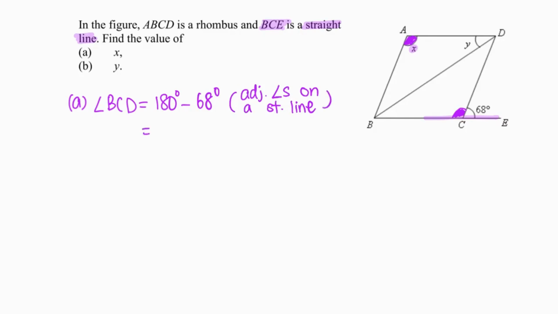This will give me 112 degrees, and therefore x is equal to 112. Since we talk about value, I don't put units anymore. And this is because it is the opposite angles of a rhombus.